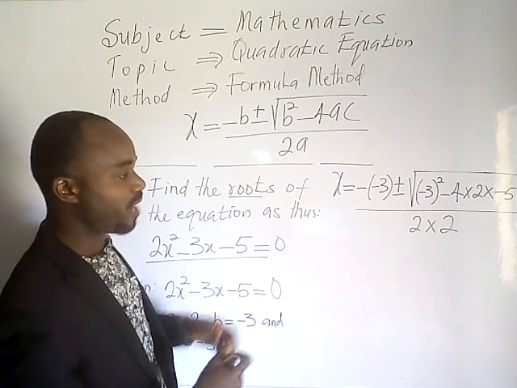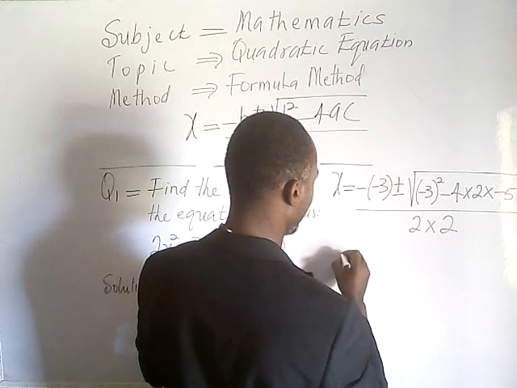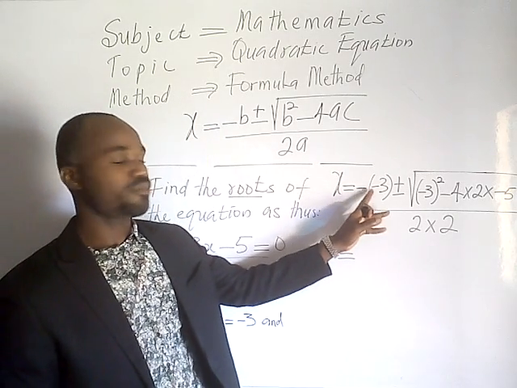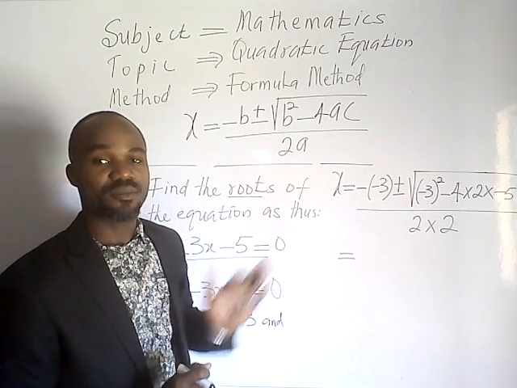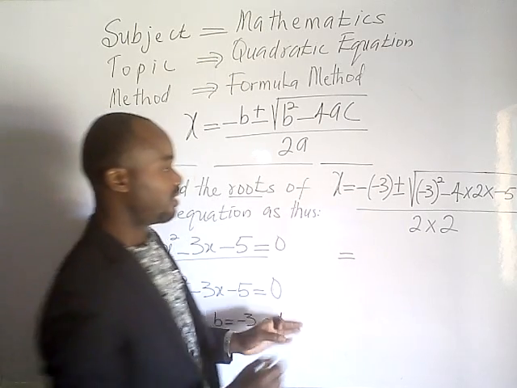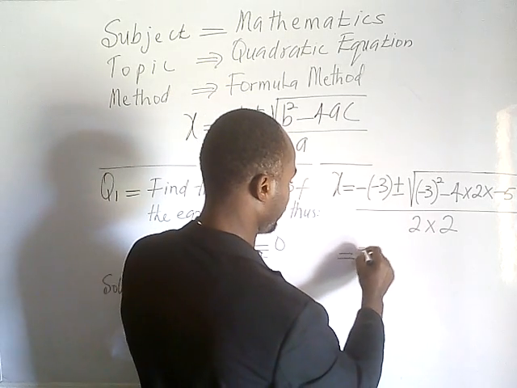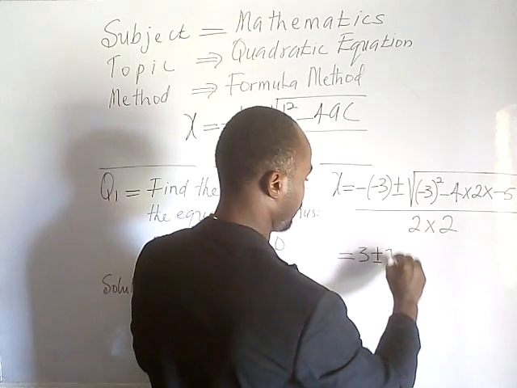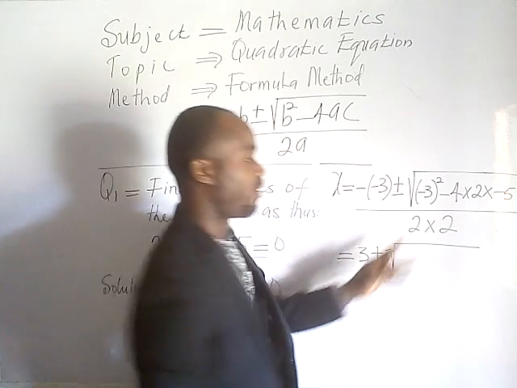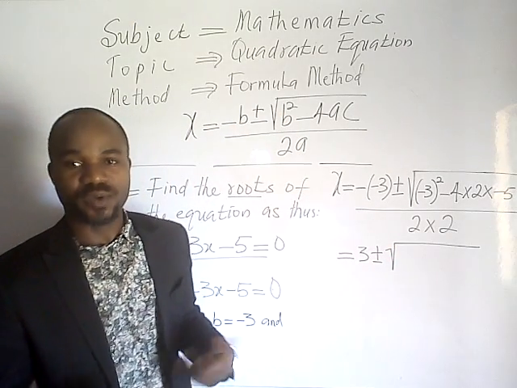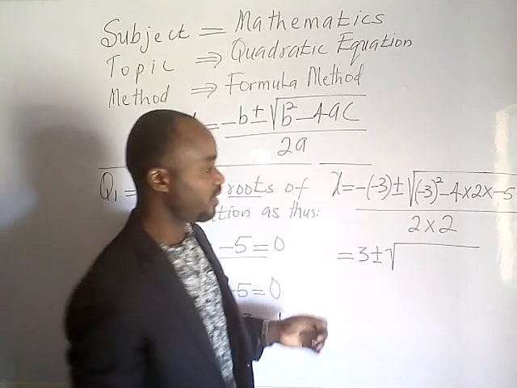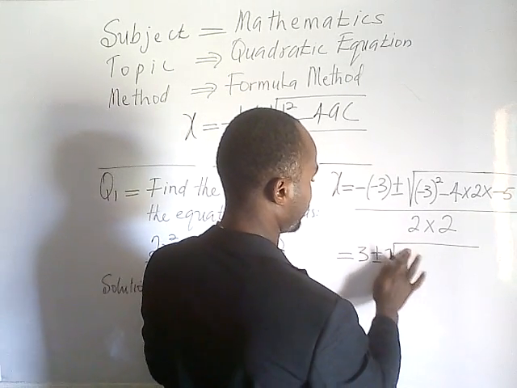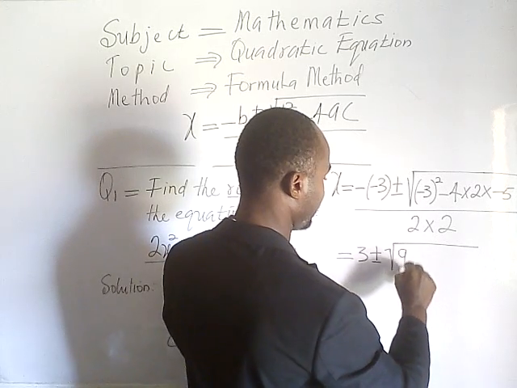The next step is to simplify all we have substituted and see how the roots come out. We have minus minus here. Minus minus becomes plus. Minus multiplied by minus changes into positive. We return our plus or minus square root. Minus 3 squared returns positive and the value increases to 9.